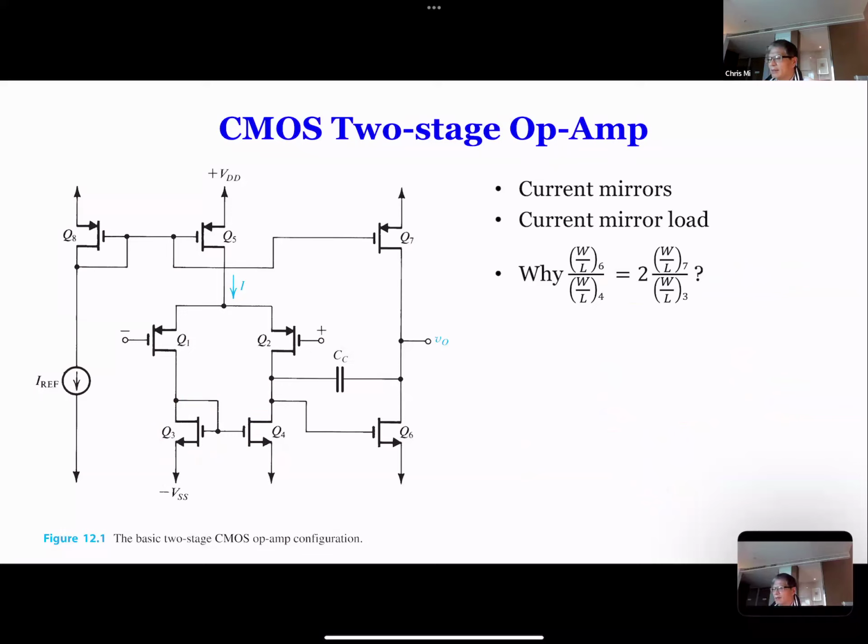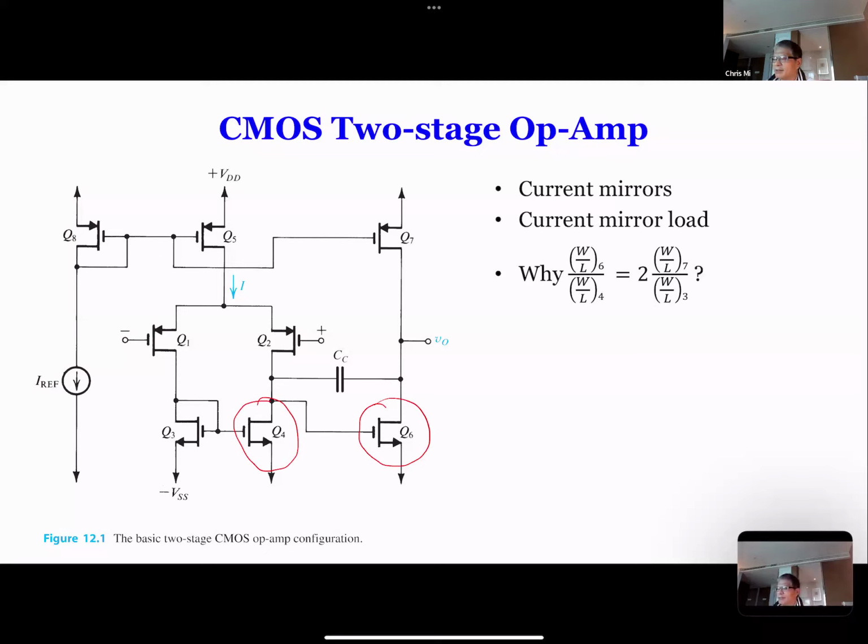What we need to do is we want Q6 to Q4, Q6 and Q4, yeah. Q6 is the transistor over here, Q4 is over here, so that the ratio between Q6 and Q4 should be twice that of Q7 and Q5 in the area.